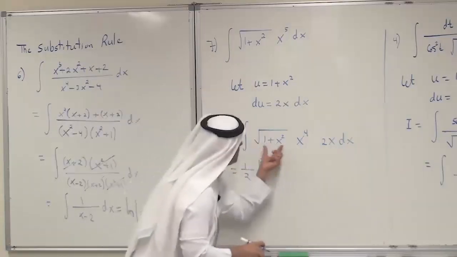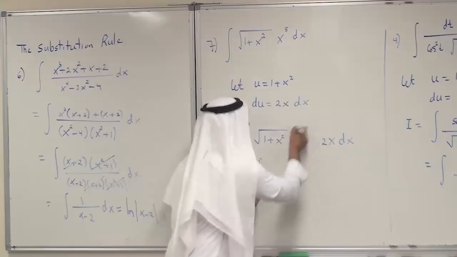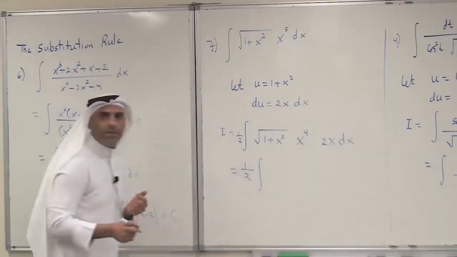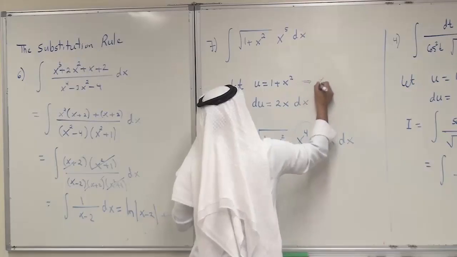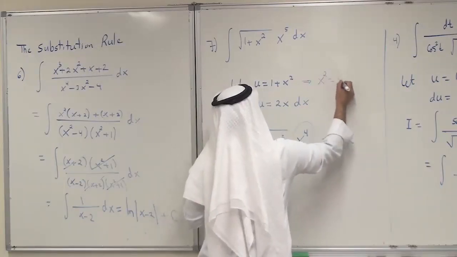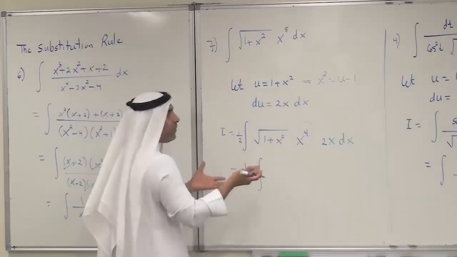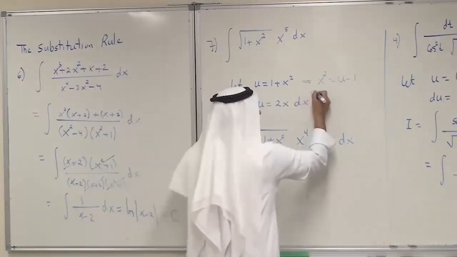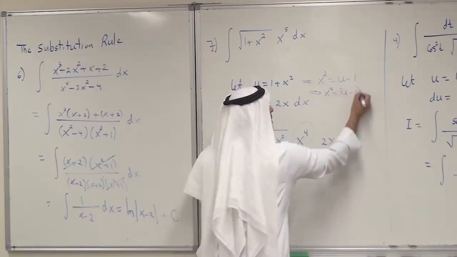Radical of 1 plus x squared is u to the power 1/2. But what is also x to the power 4? Clearly from here we can get x squared equal to u minus 1. So can we get x to the power 4? Yes, x to the power 4 is equal to u minus 1 all squared.